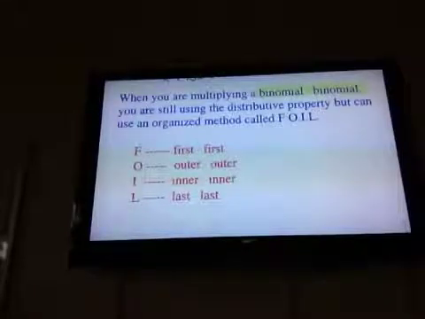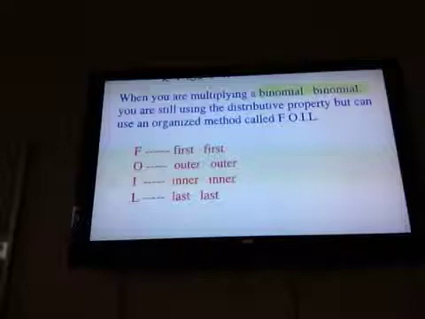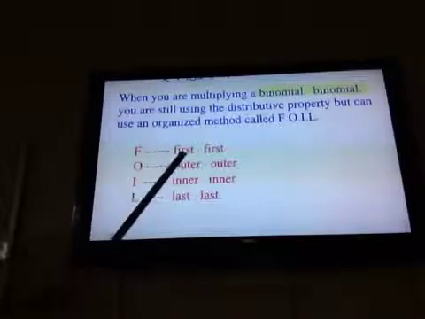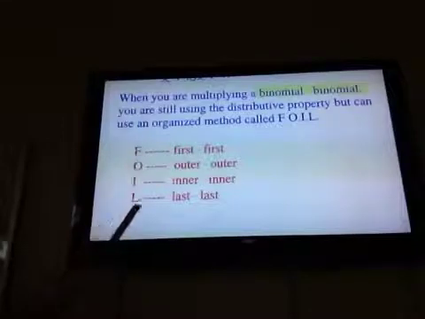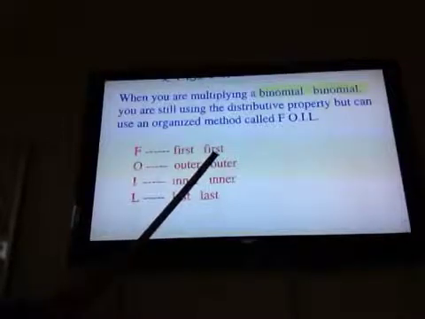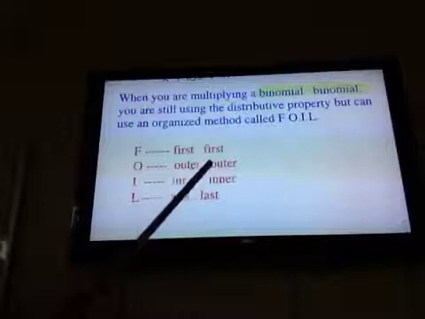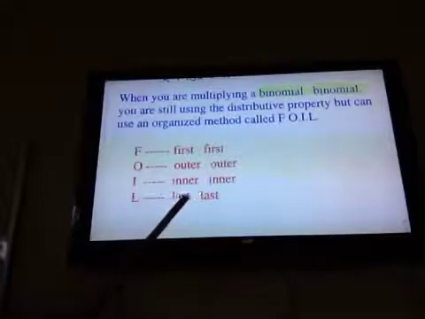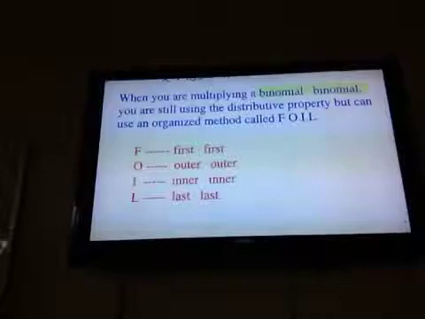Now, I have found that some people have heard of this and some people have not. It's an acronym that stands for multiplying in this order: first times the first term, the outer times the outer term, the inner times the inner term, and the last times the last term. You're just using distributive property.